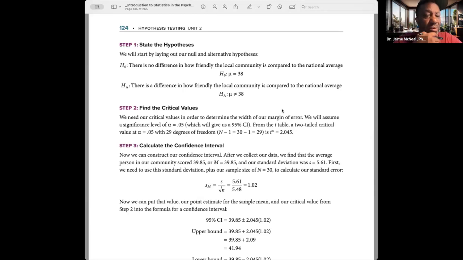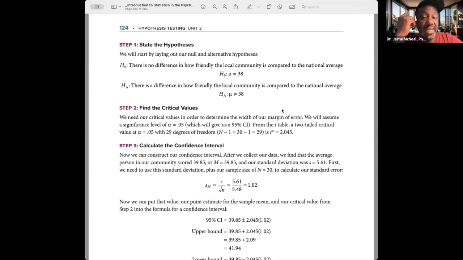So then we find the critical values. We need our critical values to determine the width of the margin of error or the standard error. We assume that the significance level is 0.05 because it always is unless we specify, which conforms to a confidence interval of 95. 0.05, 95. 0.01, 99.